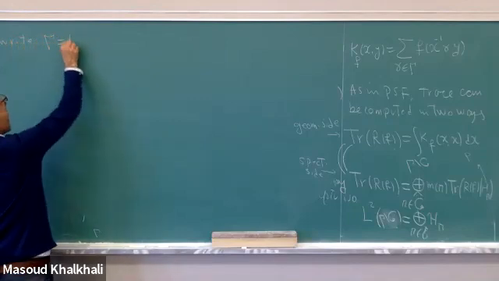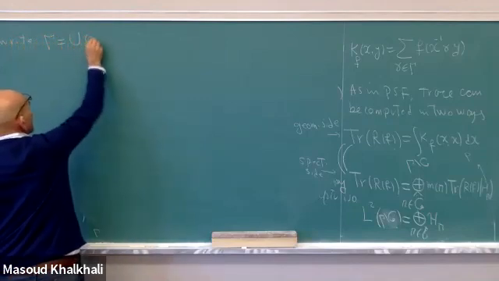Write gamma as a disjoint union of its conjugacy classes.